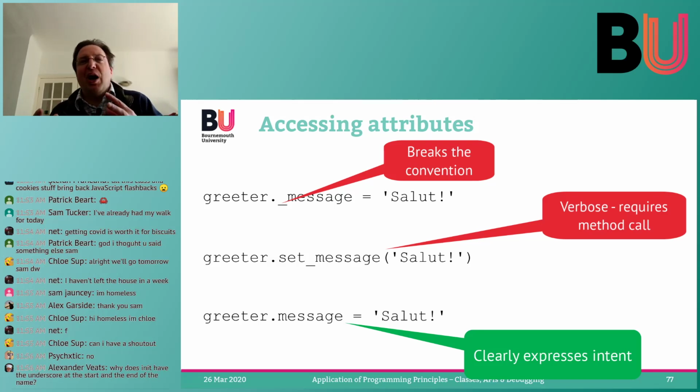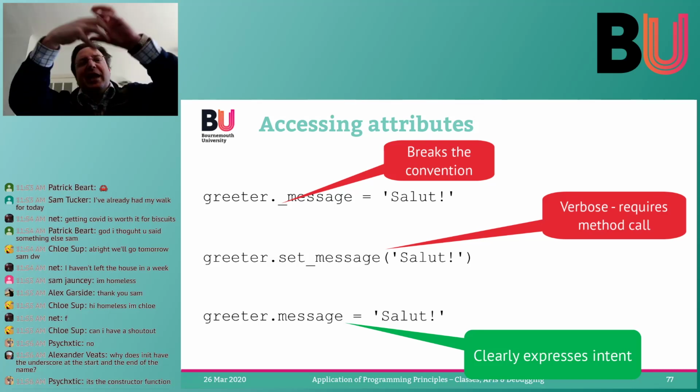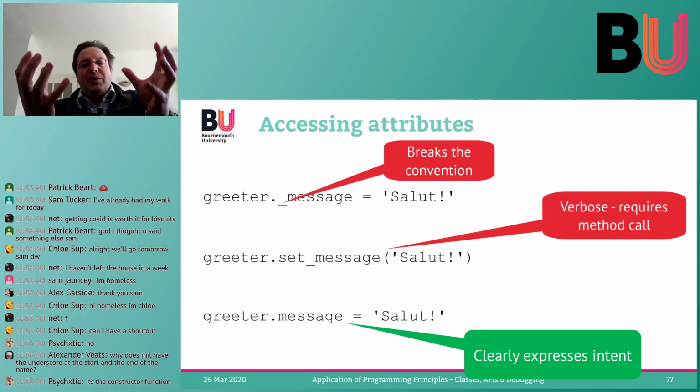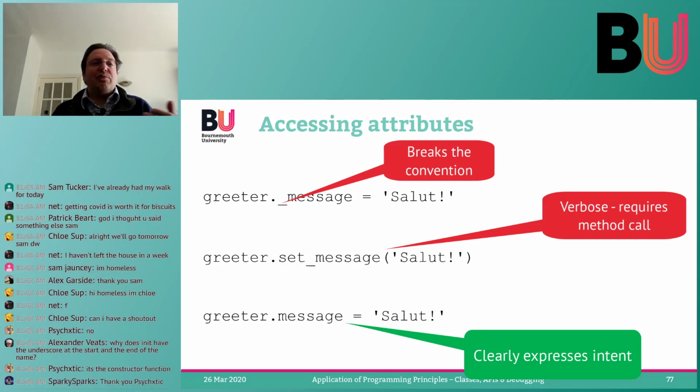It's verbose. It's a lot of typing, but worse, it makes it harder to read what's going on. It puts a layer between your intent and your code. So instead, what you want to do is to have something that looks like greeter.message equals salut.